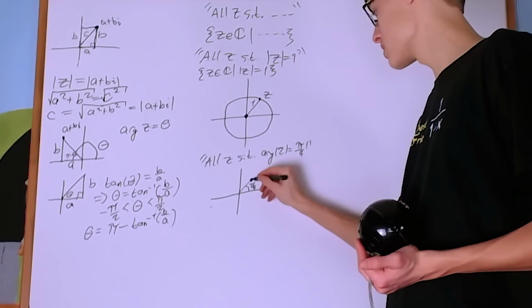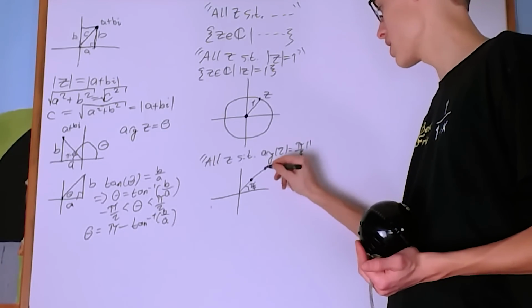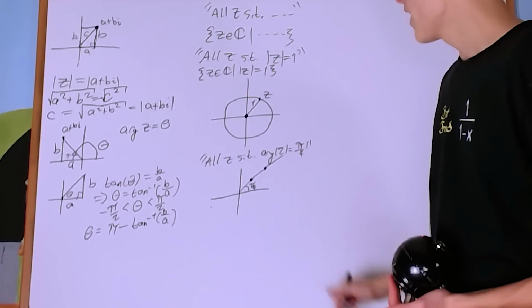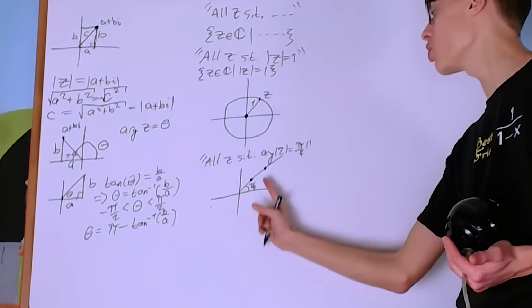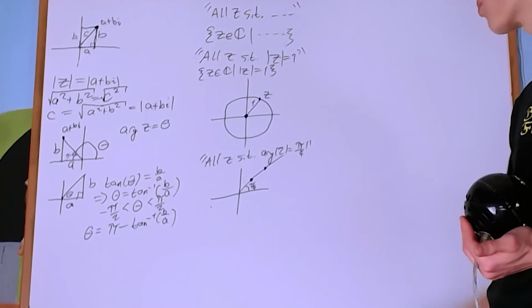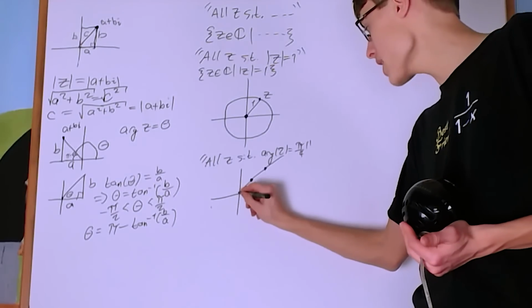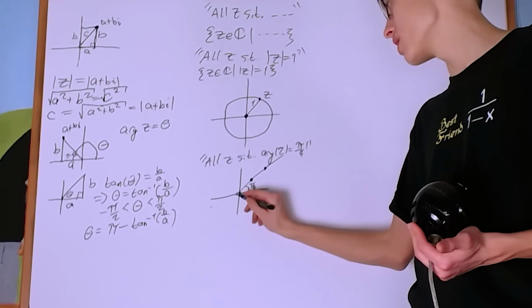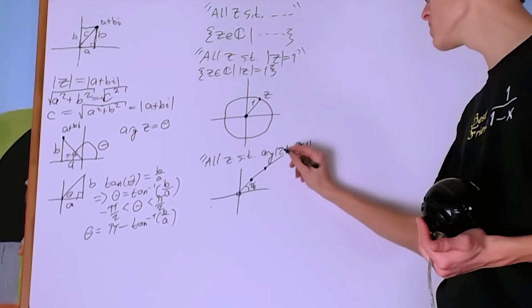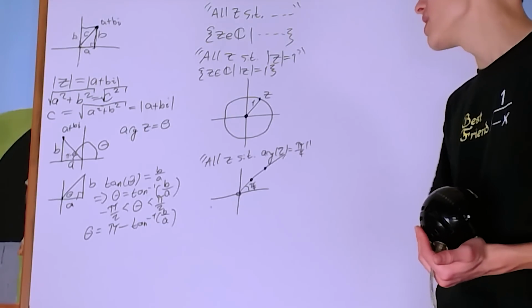Another point is out there, and you just get a line. So you get a line that is at an angle of pi over 4 from the origin. And this does not include the origin, nor does it include anything continuing this line. So really, it is just a ray.